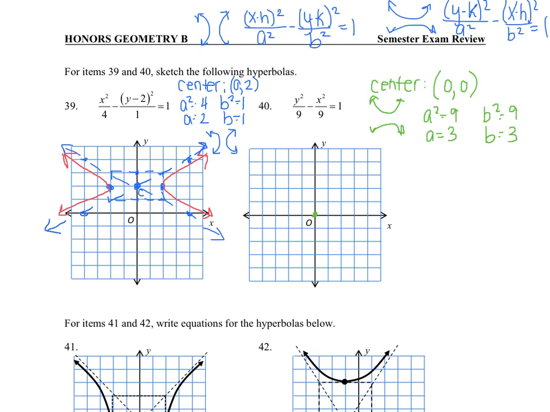So I'm going to go, first of all, up 3 and down 3 to get my vertices of my hyperbola. But I'm also going to go to the right 3 and to the left 3 to help me make my box. Again, my box is going to be connecting the 4 points that I found made by a and b. And then my asymptotes, which are also dashed lines, are going to go through the diagonal of my box.